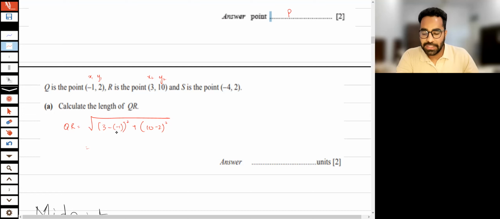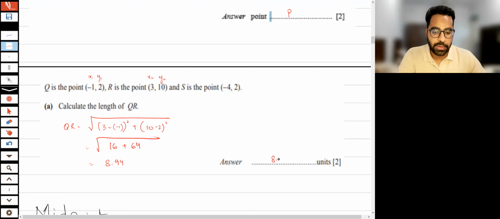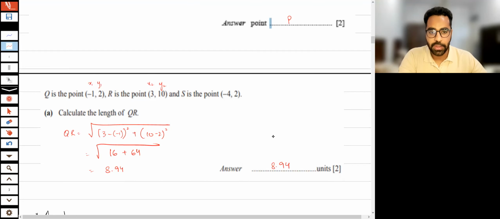So 3 plus 1 becomes 4 and 4 squared is 16 and 10 minus 2 is 8. 8 squared is 64. So I'll get 64 plus 16 as 80. Okay. And under root 80 comes out as 4 under root 5 or 8.94. 8.94 units. So I'll write my answer over here as 8.94 units.